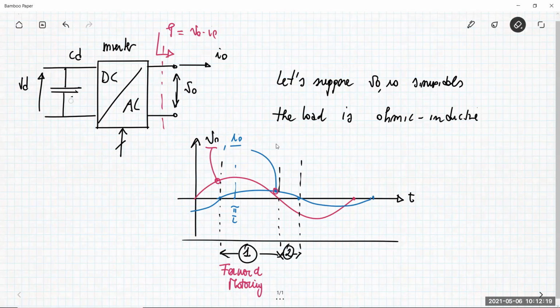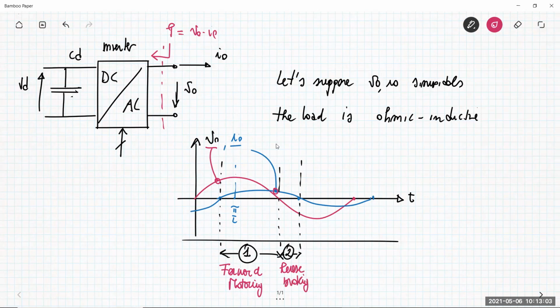The power provided to the output is not positive, it's negative, so the power is absorbed. So in that specific case, my inverter operates as something that accepts power provided by the load. That situation we have in a braking operating mode. This is the reverse braking.